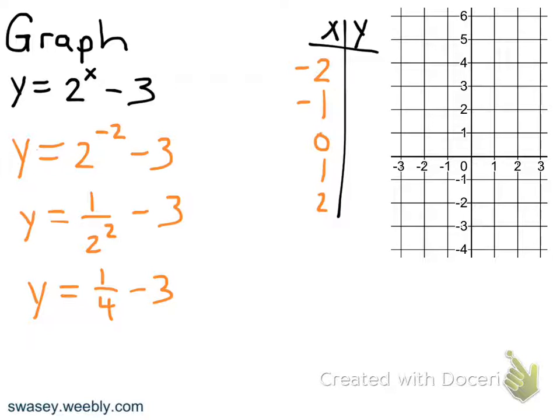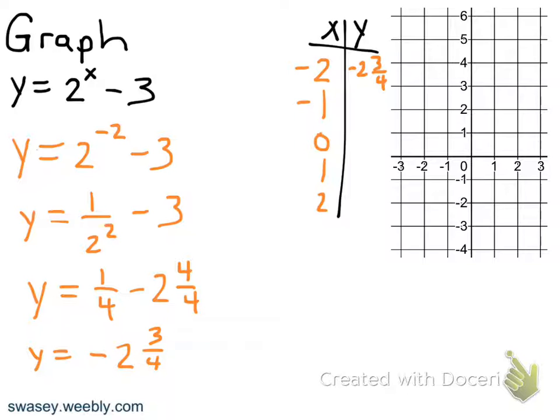You can get a common denominator and then subtract. 3 is the same as 2 and 4/4. And so when you subtract those, you get -2 and 3/4. So we have a point at -2, -2 and 3/4.